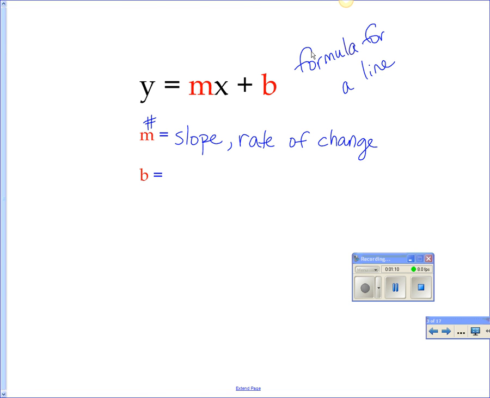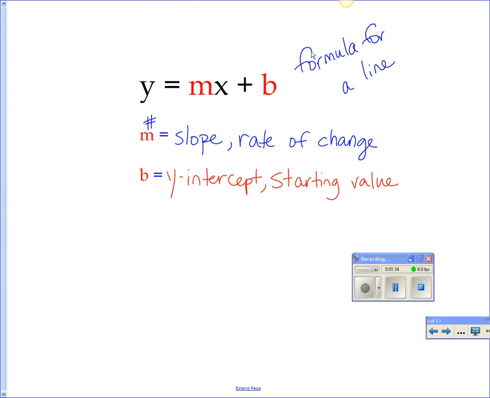Does anybody know what the b stands for? Very good. The y-intercept. And there's one other word for y-intercept. Starting value.